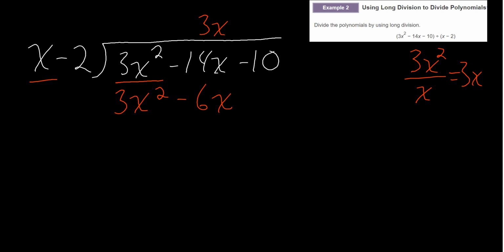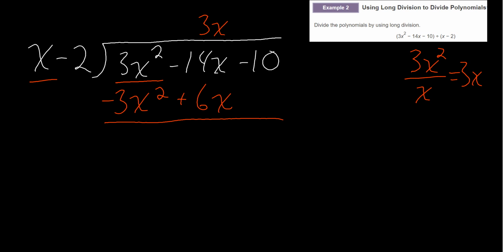Make it a point that whenever you get done multiplying through here, immediately go through and change the sign of those numbers that you just put down. So what I did just then was that's a positive 3x squared. I made it a negative 3x squared. That's a negative 6x. I made it a positive 6x. Okay, and then we can do the arithmetic here.